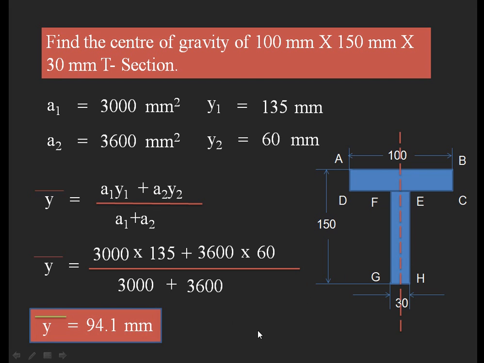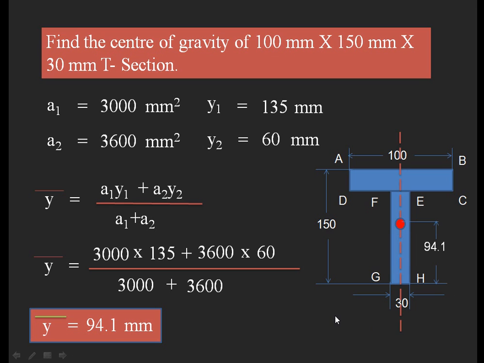The final answer is that the x component is 0. On the diagram we can represent it on the y-axis, because of symmetry about the y-axis, we get the point on the y-axis only. I want to represent the center of gravity position by taking 94.1 mm as the distance. So like this we can represent it on the diagram by assuming a particular distance on the y-axis.